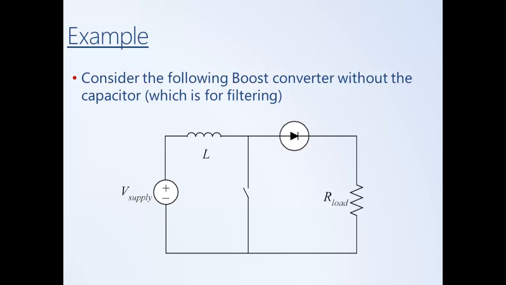In the process of doing this, we will make some pretty big simplifying assumptions, but it will help to give us a sense of why this converter works the way it does. If you take another class like a power electronics class, you will get into much greater detail, and you won't necessarily analyze it from first principles.